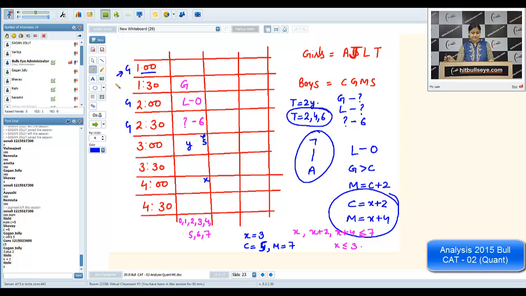Why? Because if at 3 I take 7, Tracy will have 14-year experience, which is never possible because from 0 to 7 I can use. So I'm taking 7 at 3 randomly. If I take 7 here, A will be here.